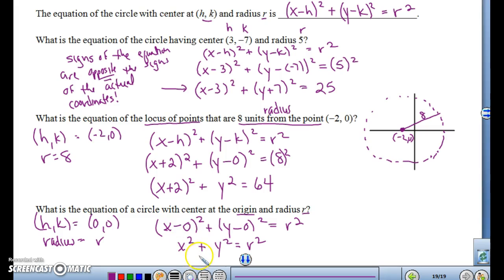This is the equation of a circle with a center at the origin and the radius of r. Notice here, the zeros cancel out, and it's just x squared plus y squared. So if you recognize x squared plus y squared equals r squared, that is a circle with a center at the origin. If you recognize that equation, great.